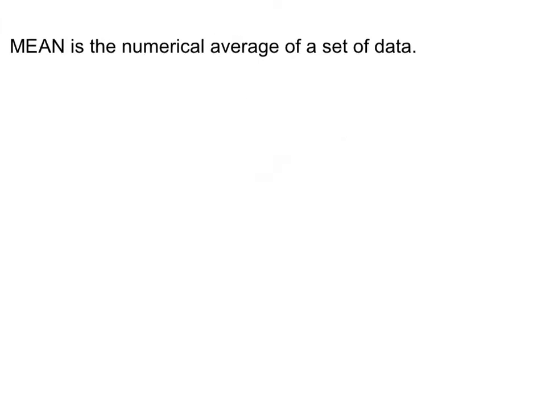The mean is the numerical average of a set of data. So let's say we have a set of data, 4 numbers. We add them up, we get a total.